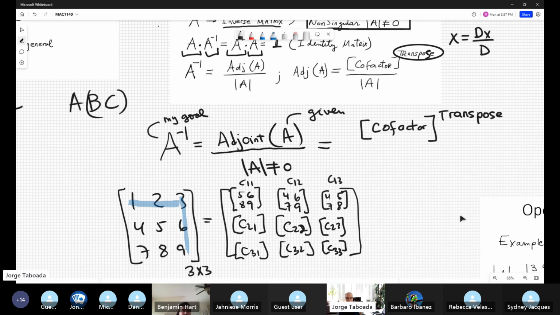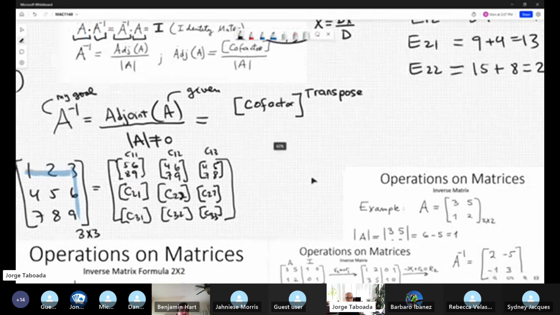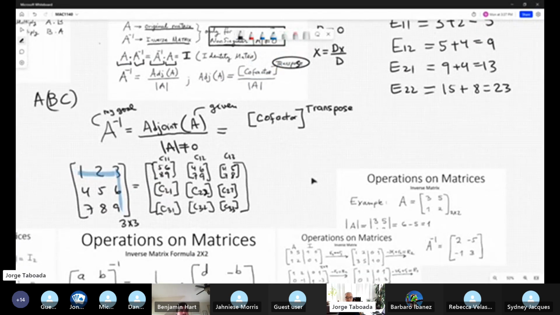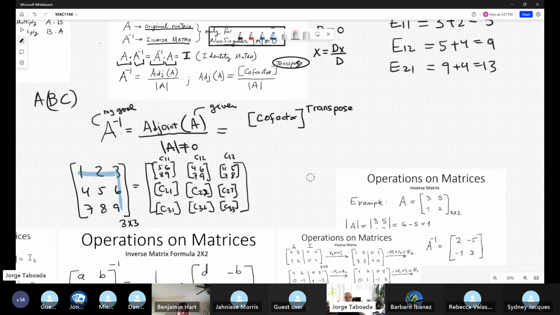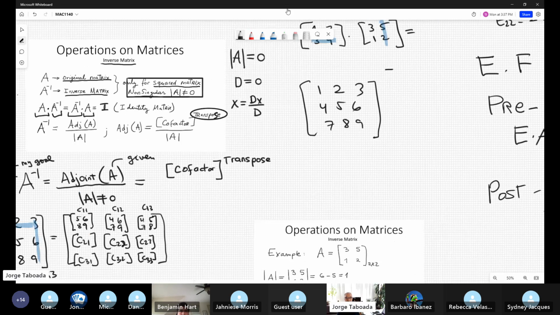Transpose is easy. Suppose one matrix, again 1, 2, 3, 4, 5, 6, 7, 8, 9. I want to transpose. The symbolic way to indicate transpose is a little T. When you see one little T pointing like that, the action is transpose.